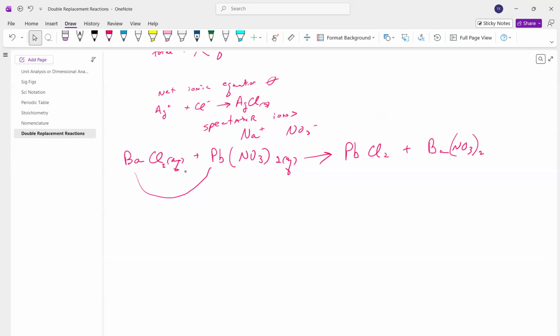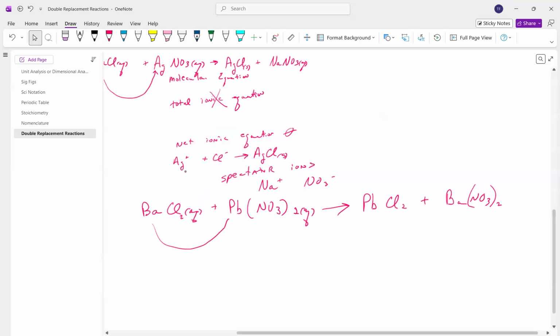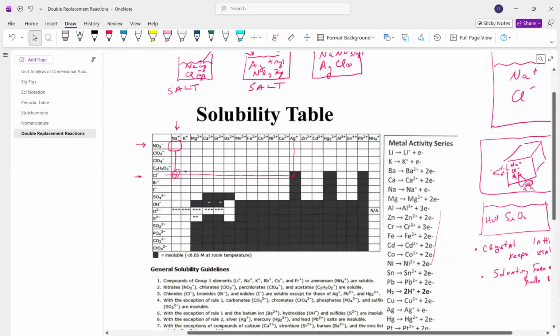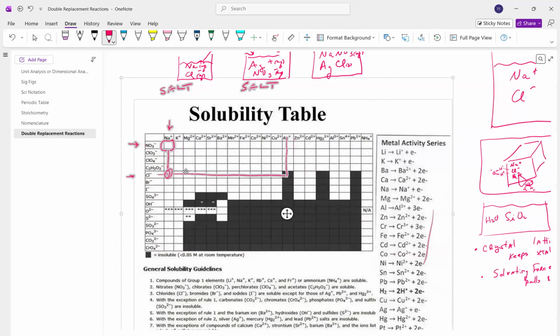No. Oh, excuse me. Let's go up here. Okay, so here's lead at the top. Boom. Here's chloride on the left. So, black. So that means lead chloride needs an S by it for solid.